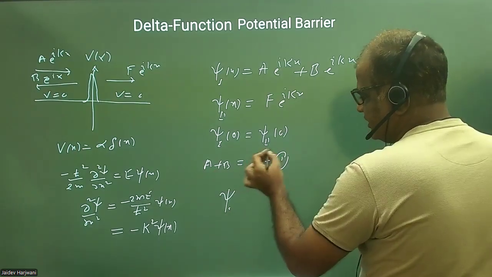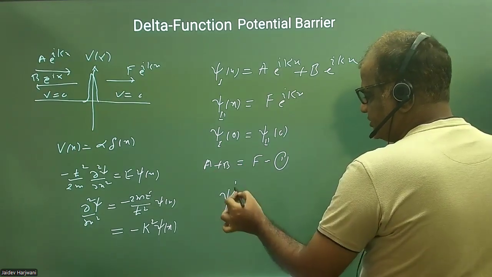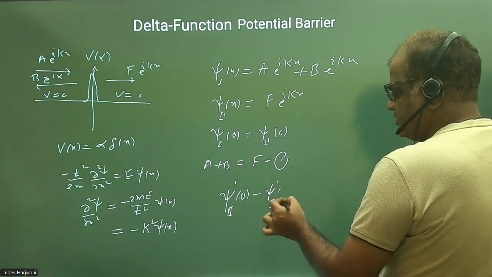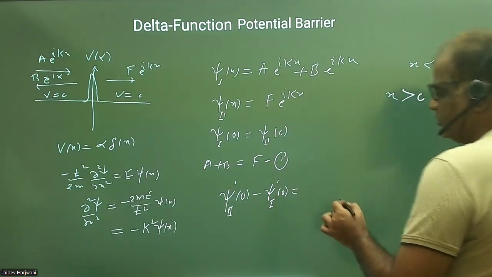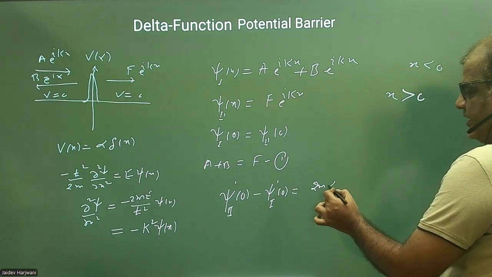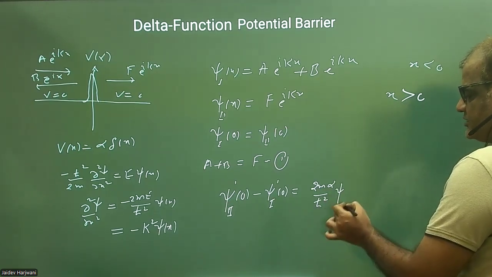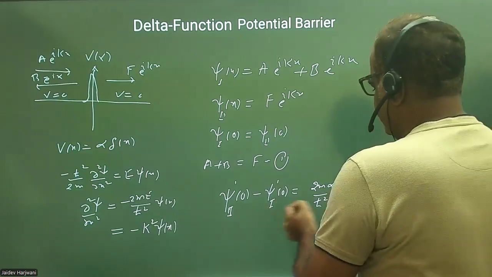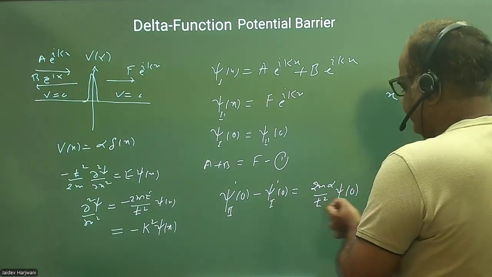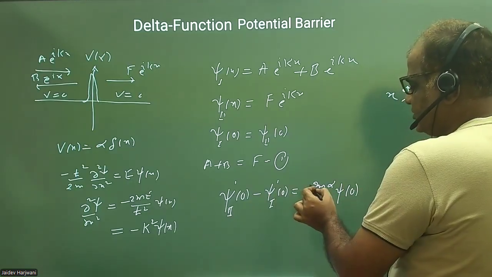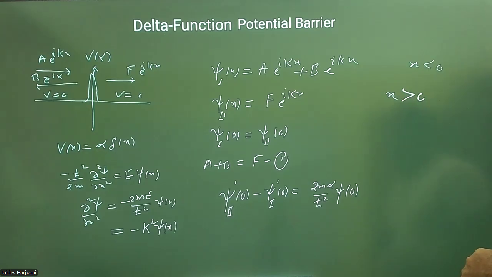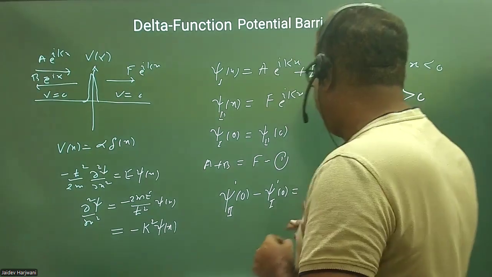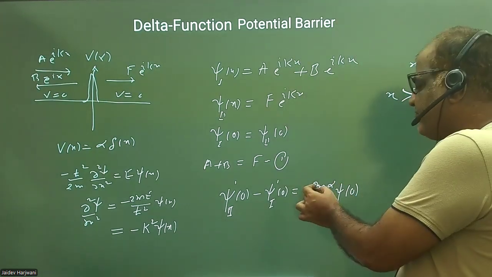The discontinuity equation is psi 2'(0) minus psi 1'(0) equal to 2m alpha over h-cut squared psi(0), because at 0 both are the same. Here there is no minus sign. That is the difference between a well and a barrier. Earlier, for the well, the sign was minus alpha.